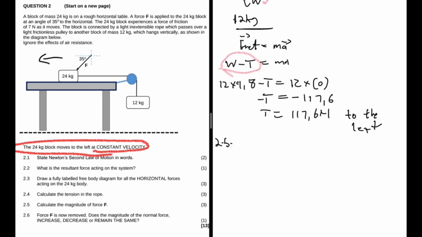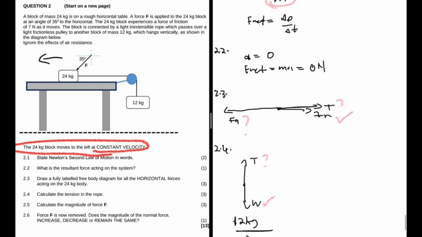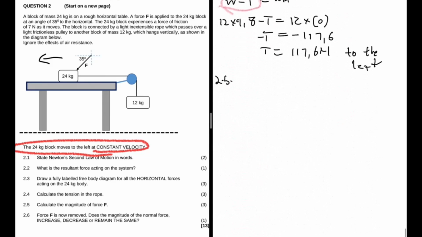2.5 says let's calculate the magnitude of force F. So now if we come back to our free body diagram for the 24 kg block, this unknown variable of tension, we now have it, right? So we have tension, we have friction, we just need FA. So again, we're going to say 24 kg, and then we have F net equals to ma, and then force applied, we're saying that it's supposed to be equal to the tension plus the friction, right?